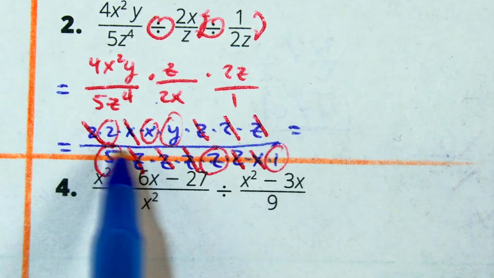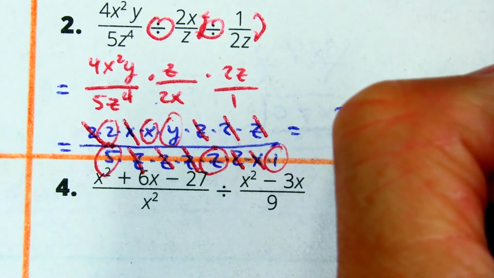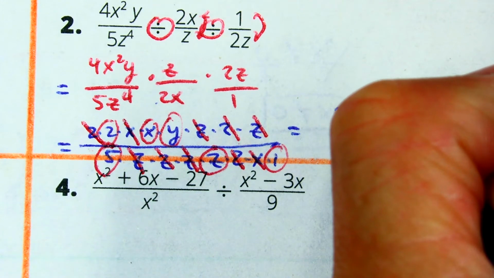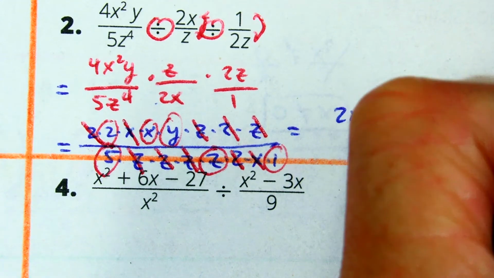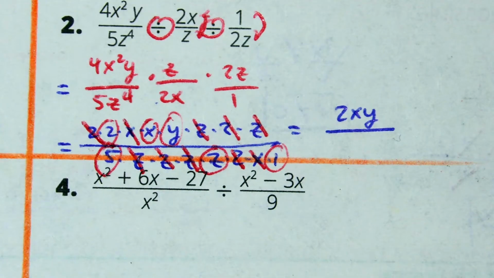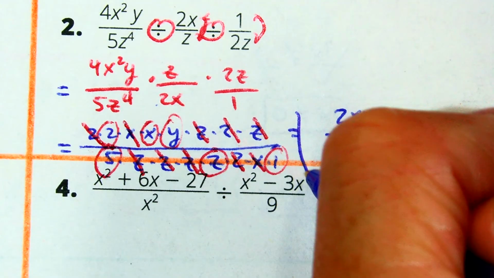Class, what's left in the numerator? 2 what? 2xy over 5z. This would be our answer.